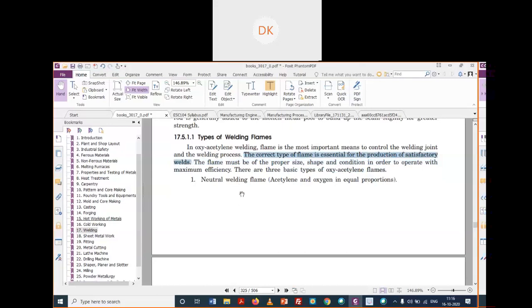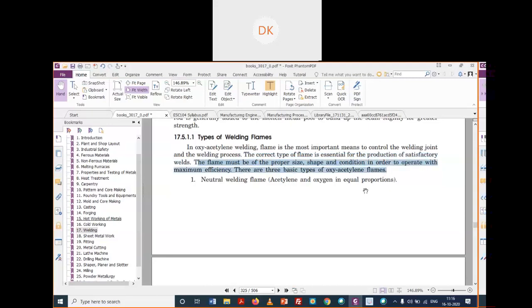Different types of flame can be produced by manually setting the acetylene welding equipment, and depending on the objectives we set the flame accordingly. The flame must be of proper size, shape and condition in order to operate with maximum efficiency.